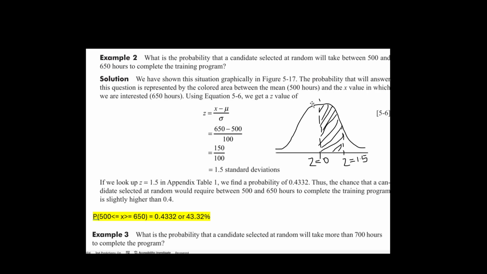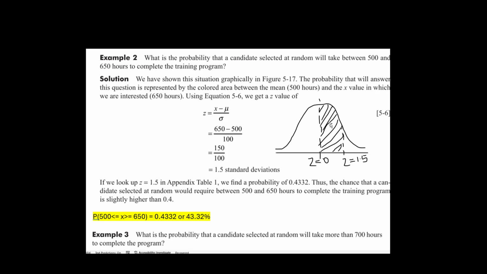We already know that for X equal to 500, we get Z equal to 0. Let us calculate for 650: 650 minus 500 upon 100, so you will get 1.5. Our area of interest is between Z equal to 0 and Z equal to 1.5.